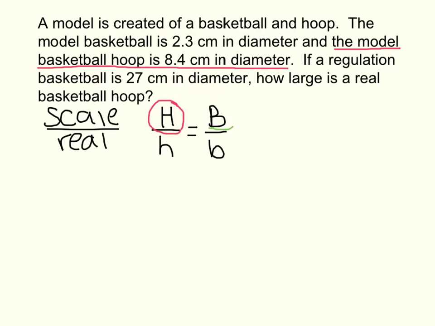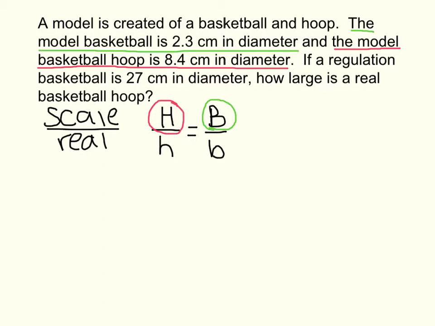This capital B represents the model basketball. See if you can find in the problem the number that goes with the model basketball. It's also listed right here in the second sentence. Our other letters, lowercase h and lowercase b, one of those is going to be our unknown.